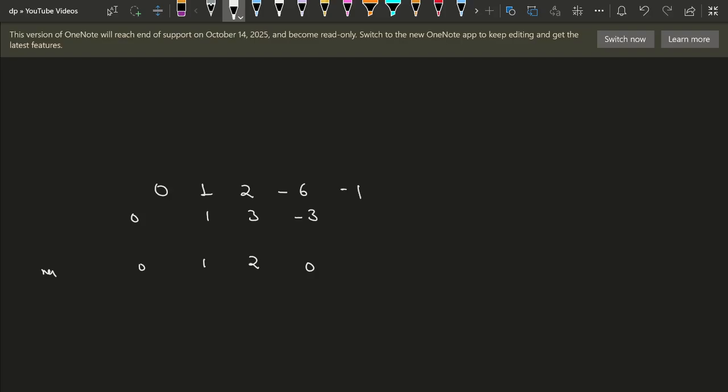Now I will add a -1, so our subarray sum will be -4, and it will give a remainder of either -1 or 2. So this is the case that I wanted. This will give you -1, and then I'll again add -1, so -5, and the remainder will be -2.